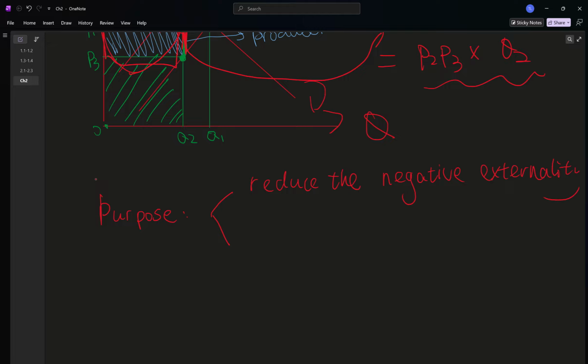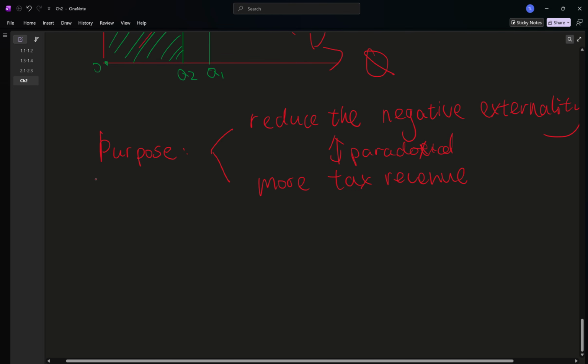That's to say, reduce the consumption of demerit goods. The second thing is more tax revenue. But you see that these two things are actually paradoxical. The reason I'm going to talk about later.